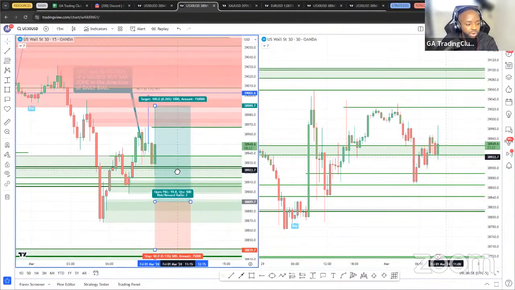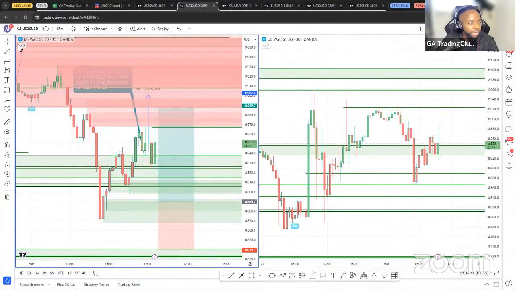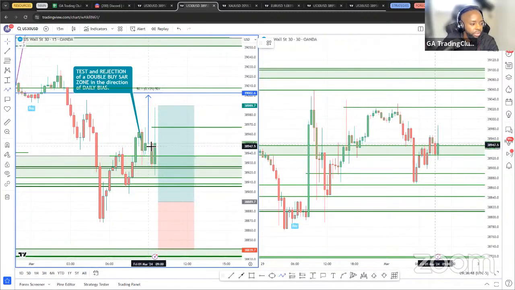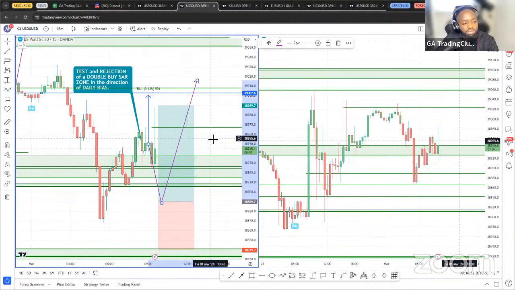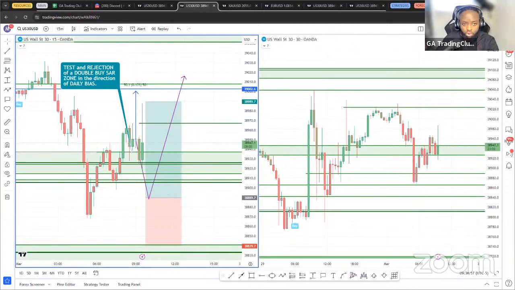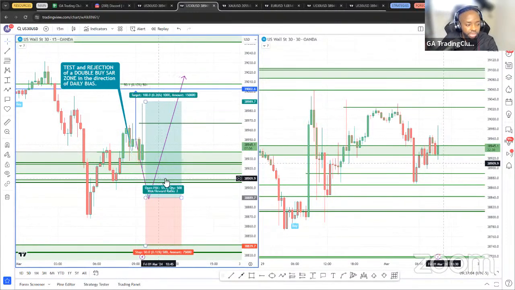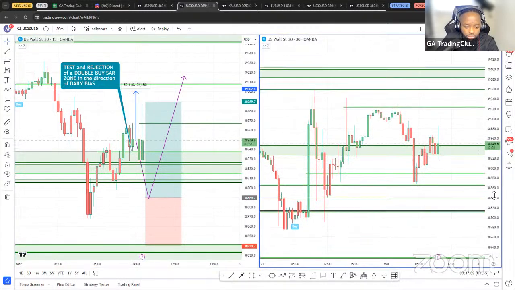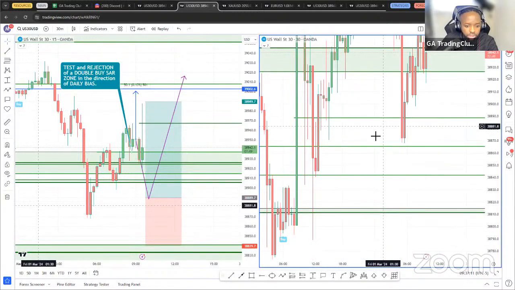So in this instance, what I would be looking for is for price. Let me turn off this zones indicator since it has already showed us. So I'd be looking for price to come down here. And then if price comes down here, I would look at the crossover indicator within the breakout scanner that I showed you guys. So we'll just wait to see if this comes in. On the 30-minute time frame, nothing for US 30.